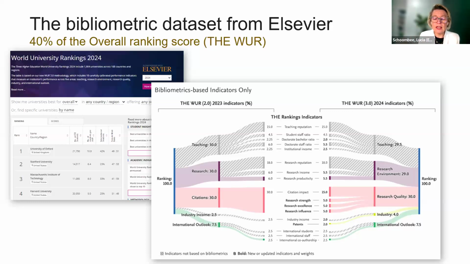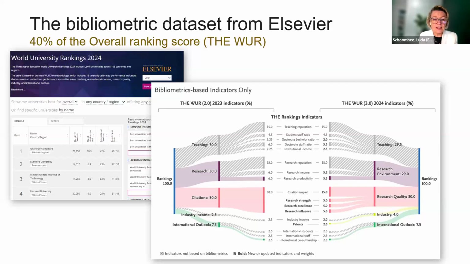These metrics are dispersed between the different main indicators, and they account in the end for about 40% of the total score. So that's very significant. The influence of research in a university is very important, if you consider that 40% of the score comes just from research.